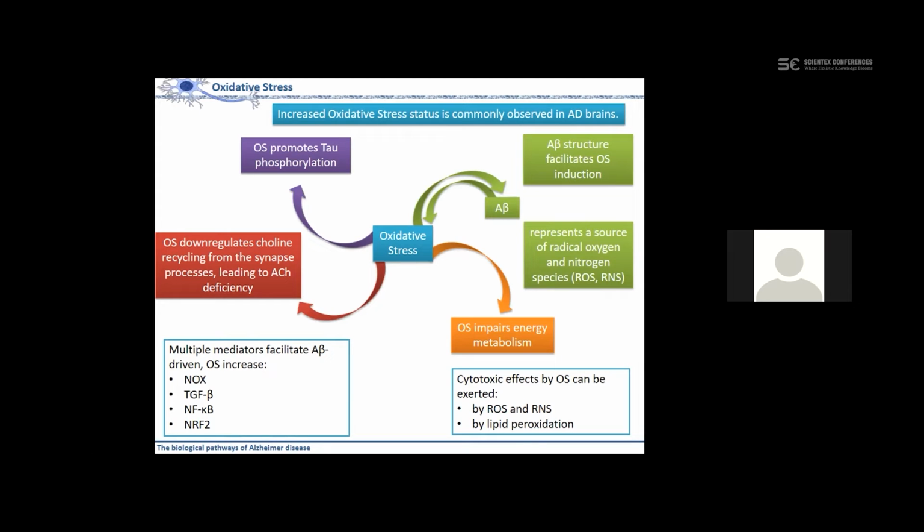Moreover, the presence of beta-amyloid facilitates oxidative stress induction and represents a source of radical oxygen and nitrogen species that are prodromal factors associated to AD. Moreover, oxidative stress promotes tau phosphorylation and downregulates choline recycling from the synapses, leading to cholinergic deficiency that is related to AD.